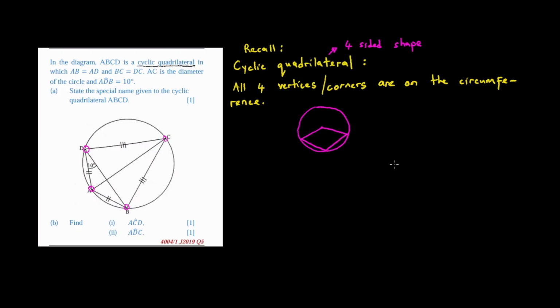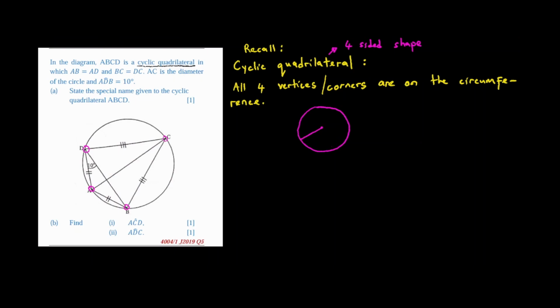This shape is a quadrilateral, but it's not a cyclic quadrilateral. It's disqualified from being a cyclic quadrilateral, even though it has 4 sides, because we have only 3 corners, vertices, which are touching the circumference. So that is not, but this is.